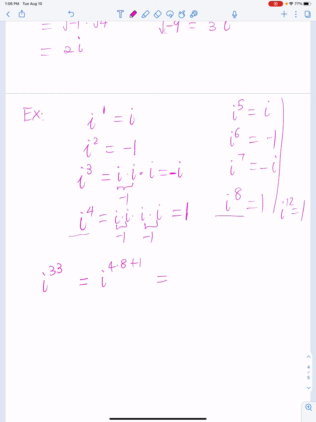So what happens here? 32 is a multiple of 4, so this will be i to the 4 times 8, times i, yeah? Addition of exponents means multiplication here. This will be equal to 1, so what do you have? It's i. Okay, so this is a very important technique. Okay, that's it for complex numbers.